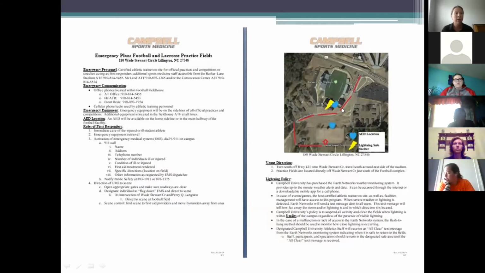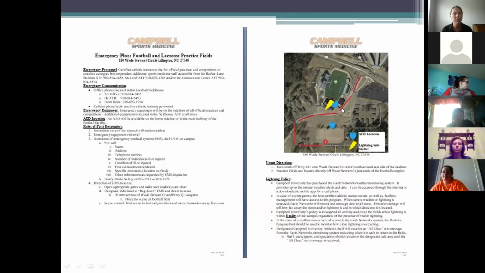numbers, again, the location of emergency equipment such as AEDs, and the role of the first responder. When they call EMS, what are they going to do? They're going to provide their name, address, phone number, the number of individuals that are involved, their condition, and any other information that's requested.